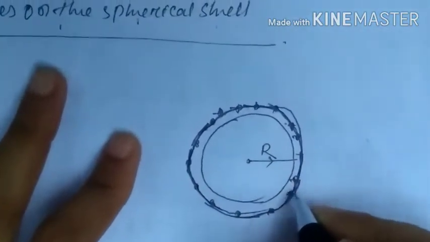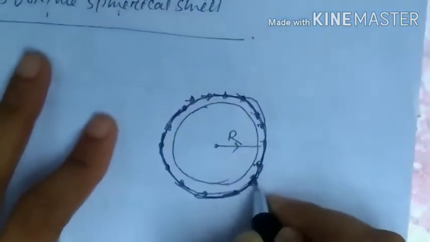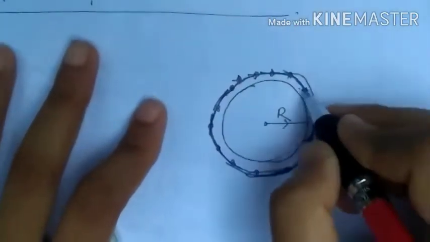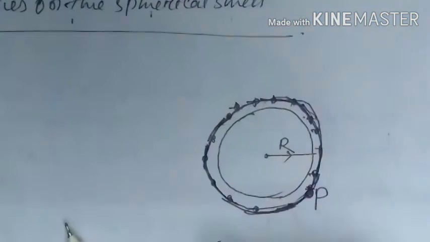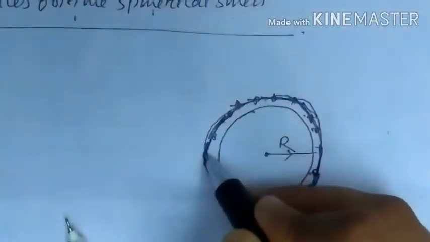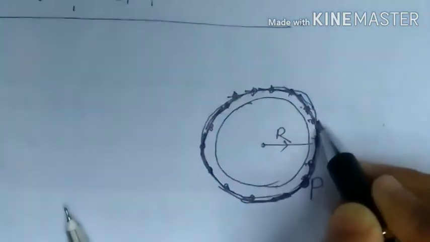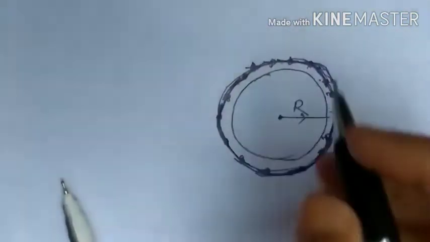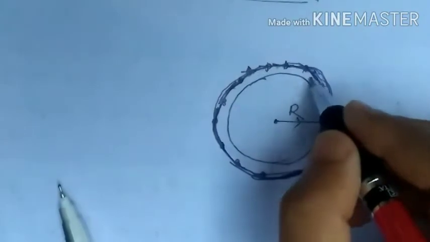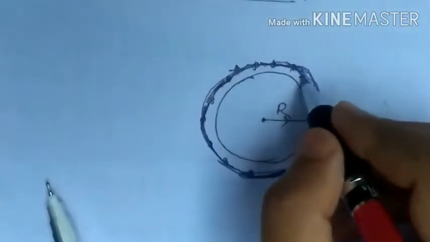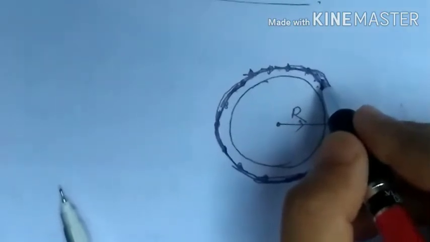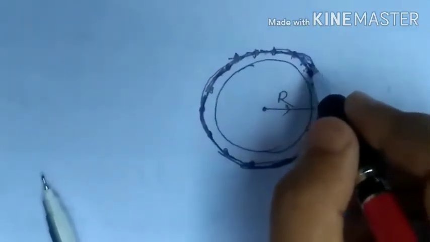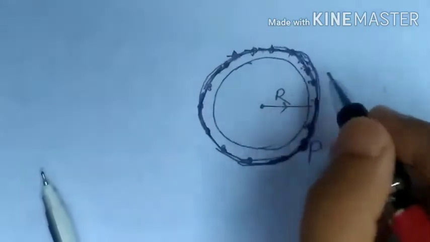Suppose here is my P. So the Gaussian surface for this case is this. What you can observe is that here also the charge Q is inside it. So the expression for this is also similar to the previous one.